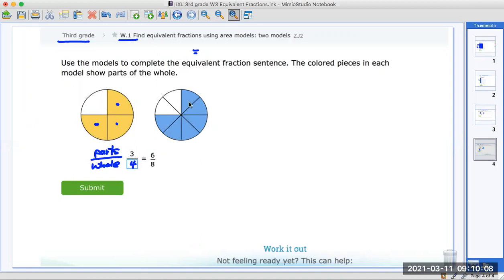Okay, on the other one, it's already telling us we got 8 parts. Let's count them. Start on the top. Remember where you start. 1, 2, 3, 4, 5, 6, 7, 8. The whole is on the bottom. There's 8 parts that make up the whole.